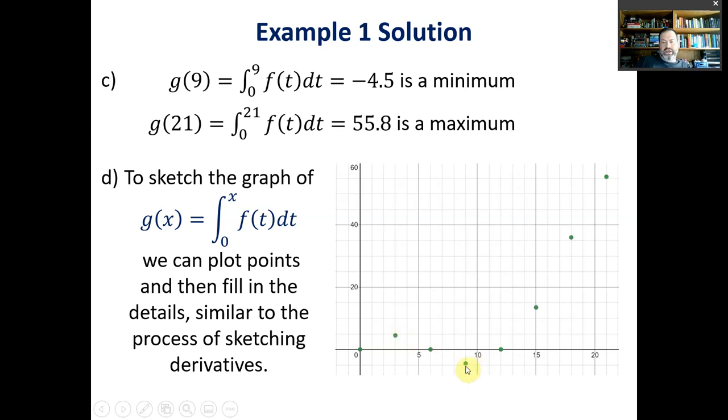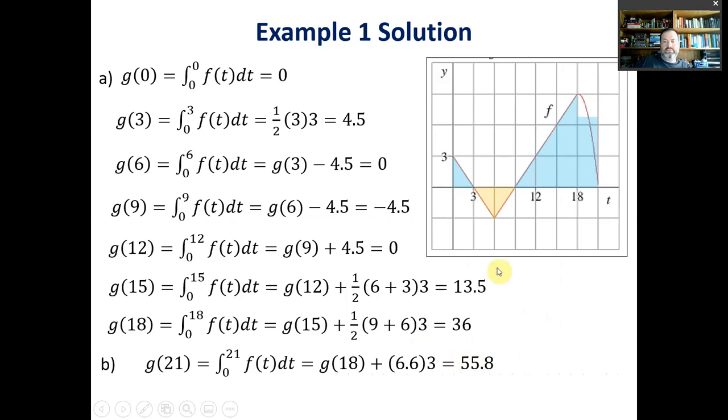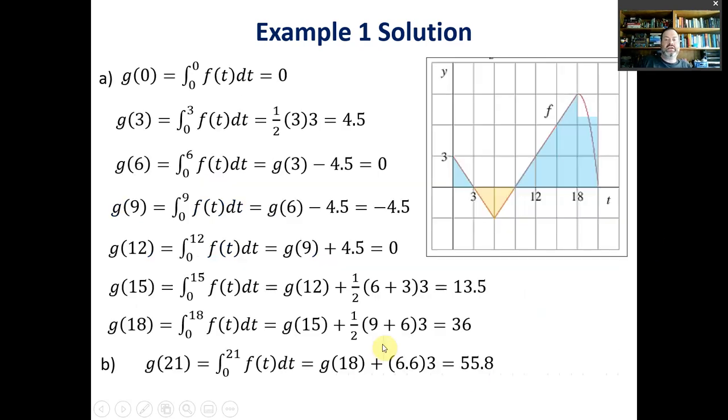Here at 3 and at 6. Remember, it's the area up to, right? And so you can actually go through and match up all these points. And you'll see that if you take the derivative of this function, you do in fact get this function, which is pretty interesting.